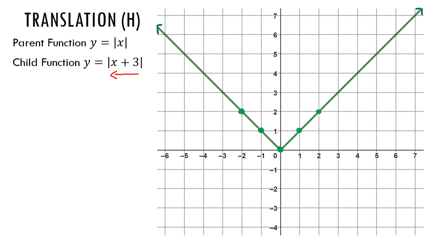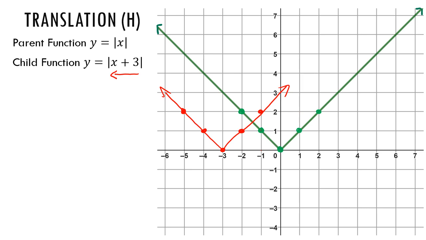So this one's going to go 1, 2, 3, and so on for each point. And so the graph moves to the left.